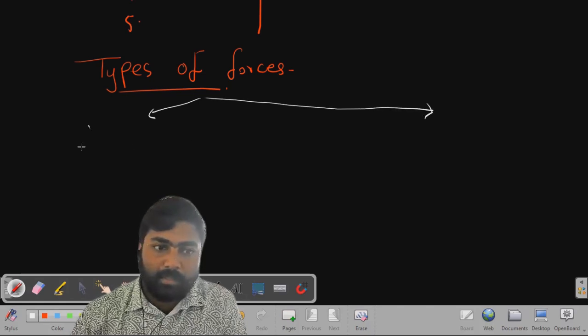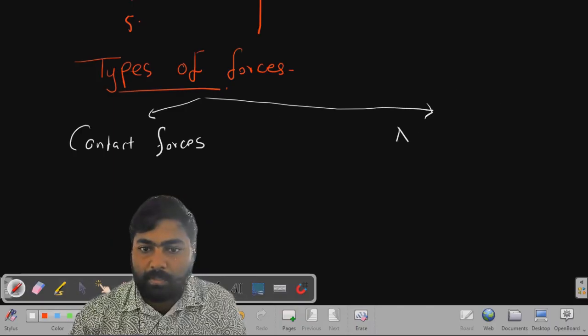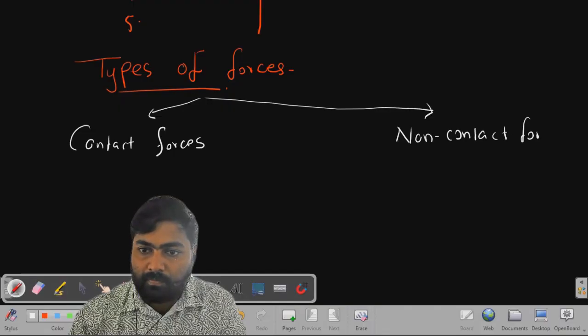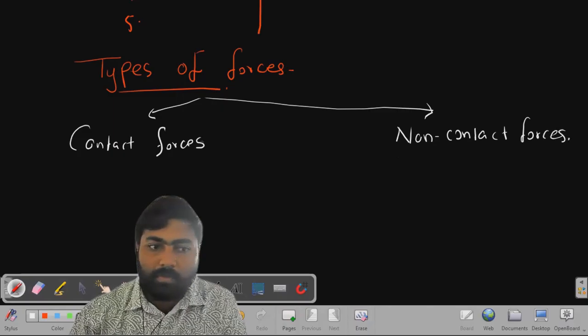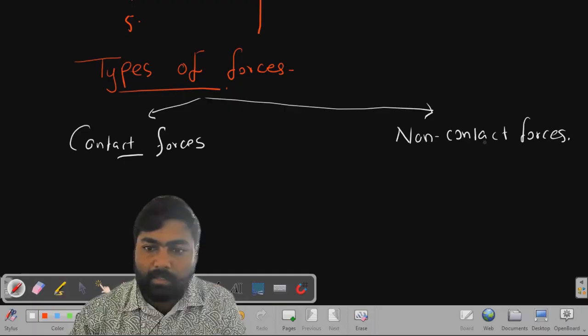One is contact forces. The other category is non-contact forces. Do you know the meaning of contact forces and non-contact forces?